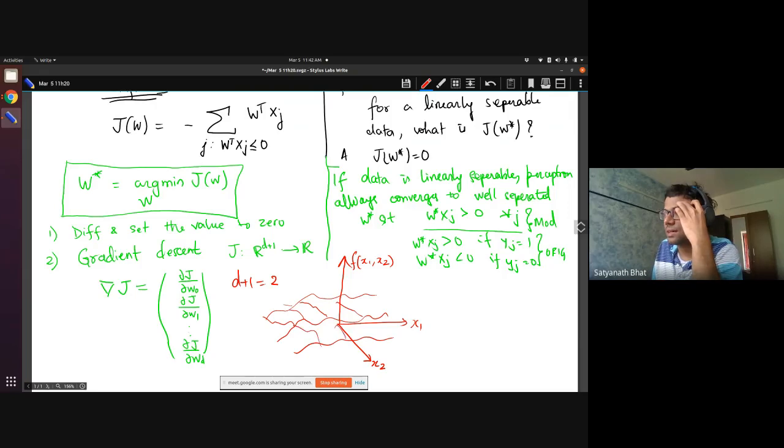Imagine this is like waves on an ocean, and x1 and x2 are the 2 dimensions that make up the floor of the ocean. Now if you are at any particular point here, what the gradient represents is the direction along which, if you travel, you will have the most increase in the function value.